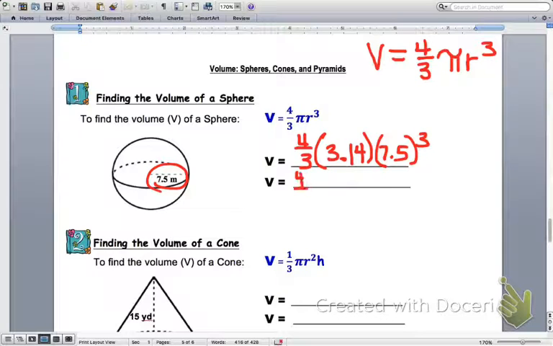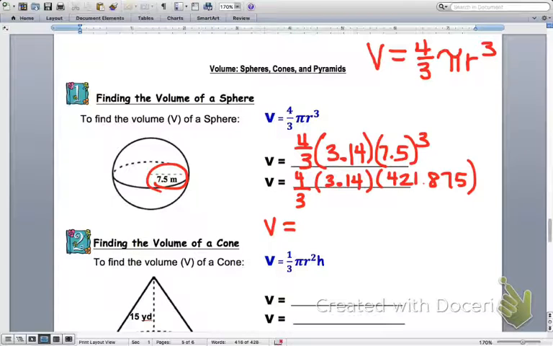Remember that when we're finding the volume, we always want to evaluate our exponents first. So let's find out what 7.5 cubed is. Remember, that's 7.5 multiplied by itself 3 times. Now let's multiply everything together.